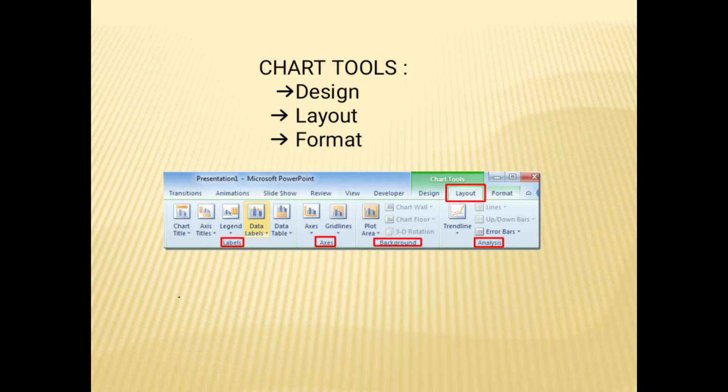Here, once you insert a chart, a set of chart tools arranged into three tabs will appear on the ribbon. These three tabs are only visible when the chart is selected. What are the three tabs?